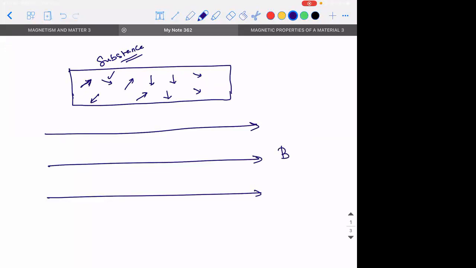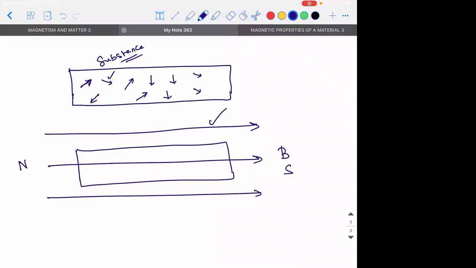Now, if I take the substance and put it in an external magnetic field, what do you think will happen to these dipoles? Before that, I have a question. If I have drawn the external magnetic field like this, then which is north and which is south, guys? The magnetic field is always from the north pole to the south.